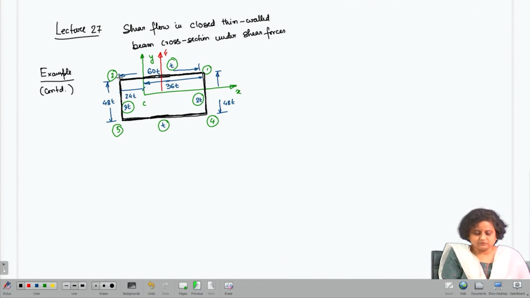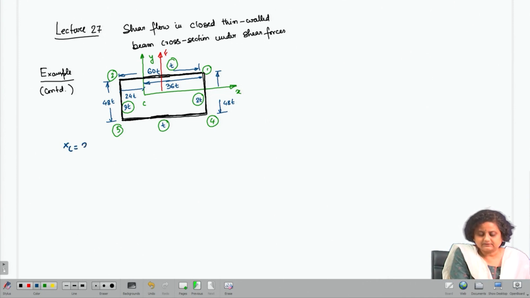We have found out the centroid, that XC is located at 36T, and we have also found out that Ixx for this cross section is 115,200 T cubed.